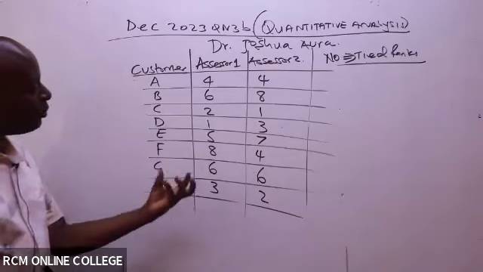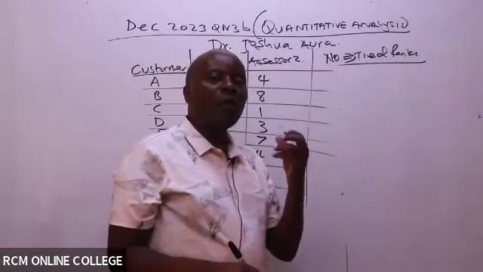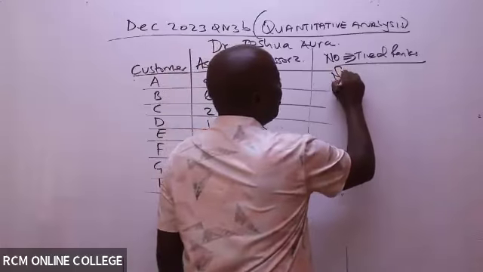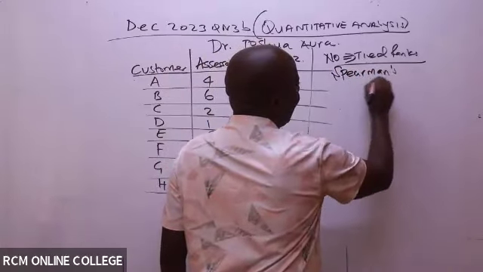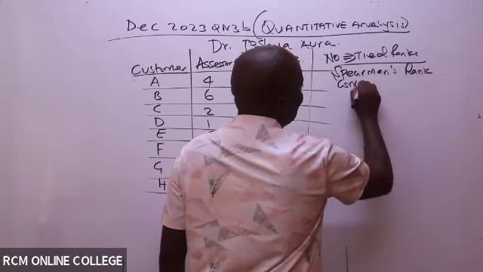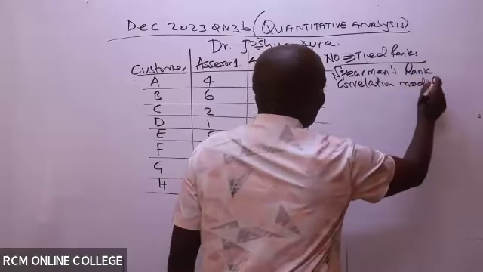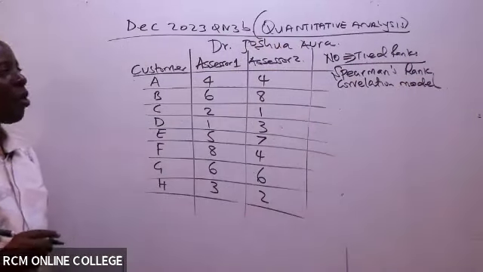So the correlation model we shall use in this particular case is what we call the Spearman's rank correlation model. I hope you're taking your notes.